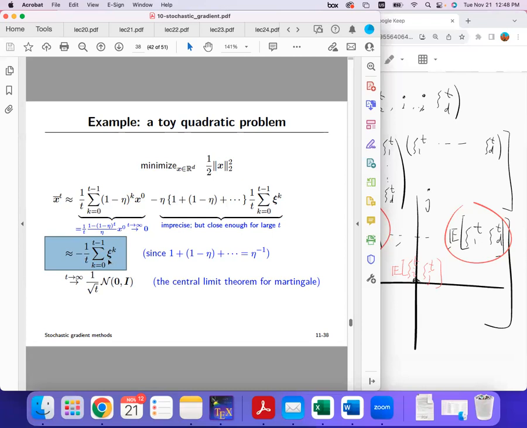By the law of large numbers, all these specific cases are zero mean and bounded second moment random variables. So by taking a sample average, this will converge very quickly to 0. This average will help to reduce the variance.